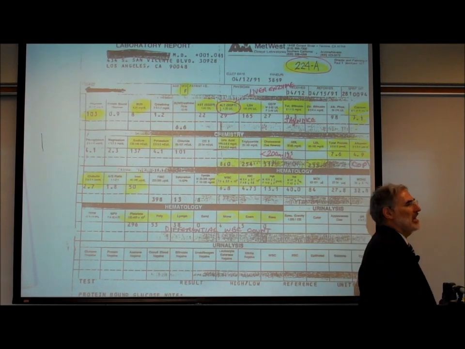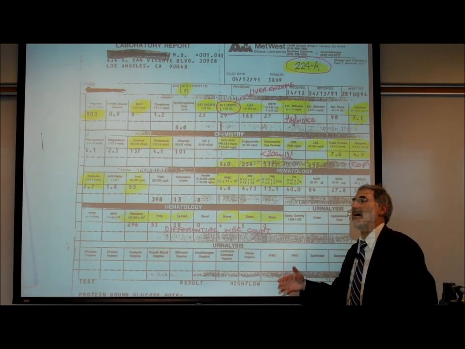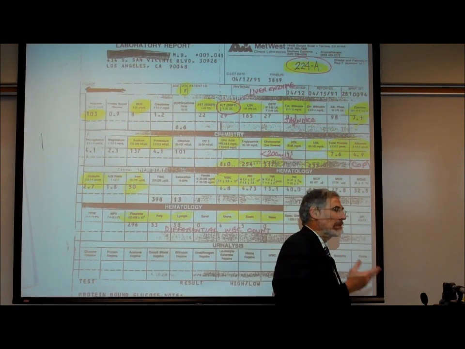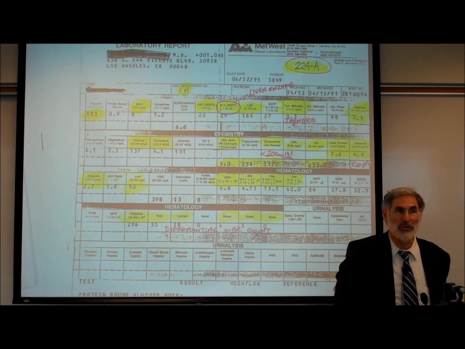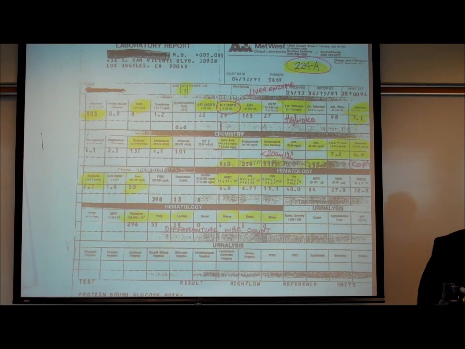What if her BUN level, her urea level, was higher than normal? What if her urea level and other waste product levels in her blood were higher than normal? What's the most likely cause? Kidney failure. Very good. Because the job of the kidneys is to filter out and excrete waste products.